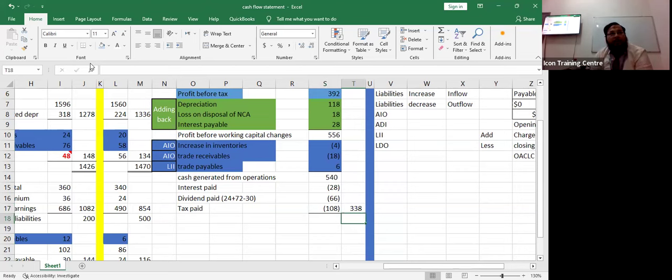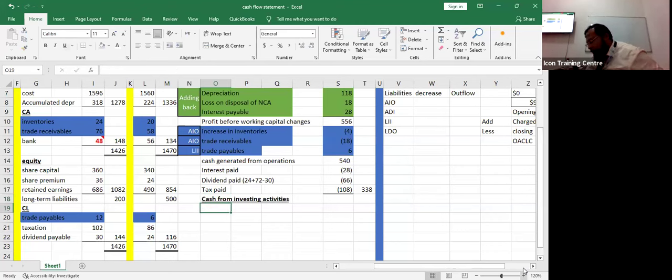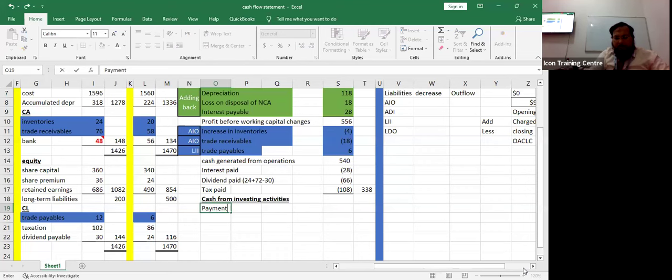This is cash from operating activity, cash from investing activity. Very simple. Investing activities, right? Very simple. Now, it is already given in the question, payment and receipt. In the adjustment, if you can find, it is already given. In the last paragraph, brother, remember?